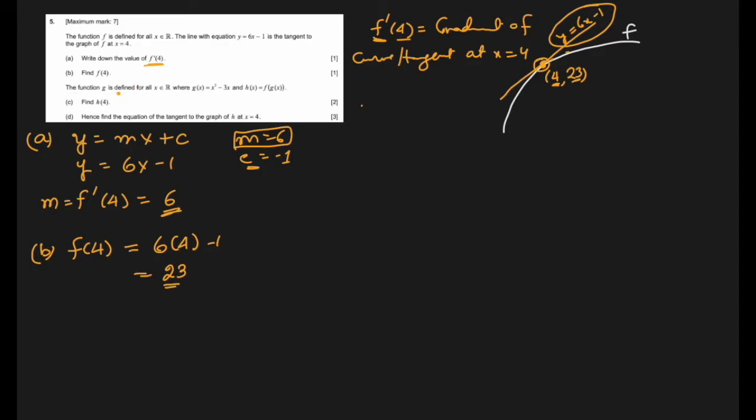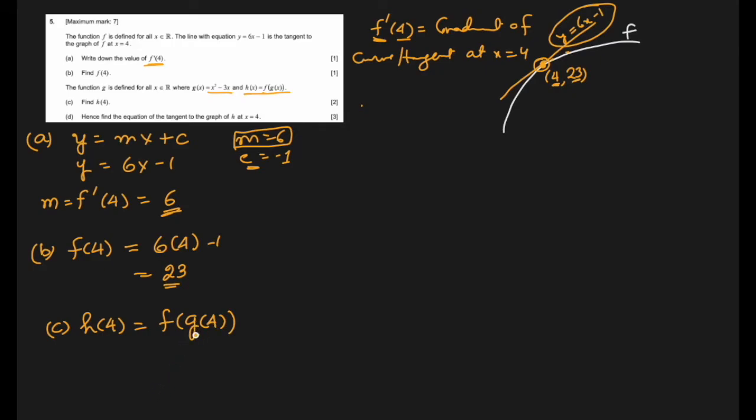C. The function g is defined, it's a different function, for all real numbers again, where g(x) is a quadratic function, and h(x) is f of g(x). Find h(4). So h(4) will be, by this relationship, f of g(4), correct?